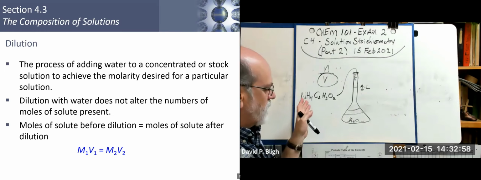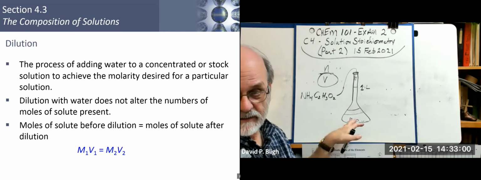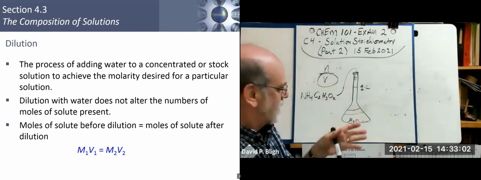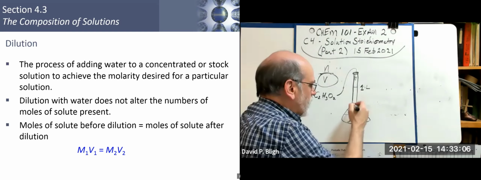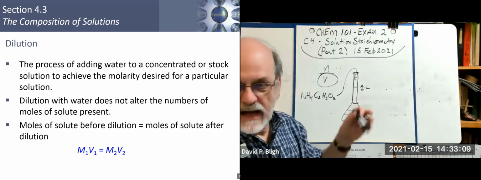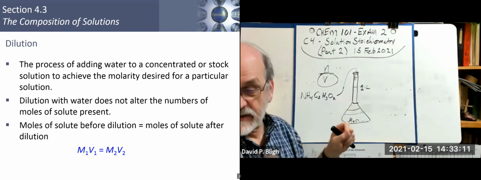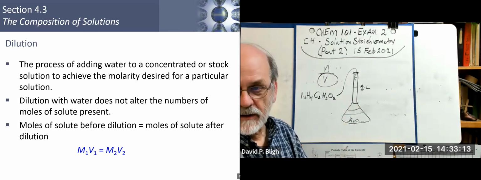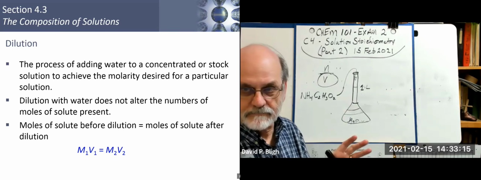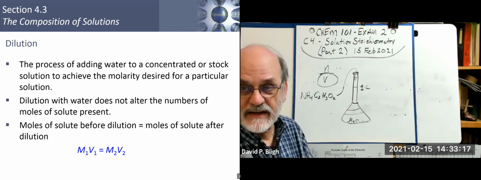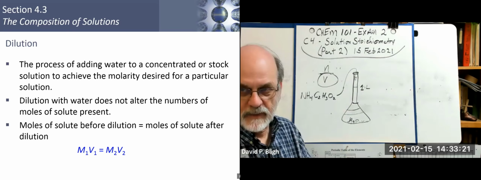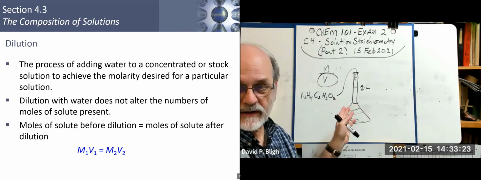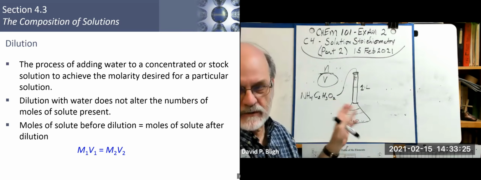So once it's dissolved, you can add a little bit more water, up to about here will be okay. And then mix it. Make sure it's completely dissolved and let it sit until it absorbs the heat that's required to come back to room temperature, because these flasks are calibrated for roughly room temperature.